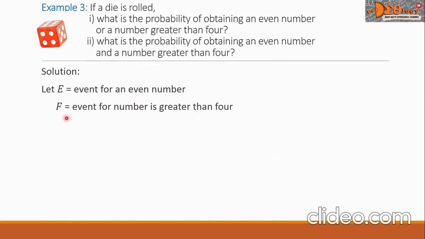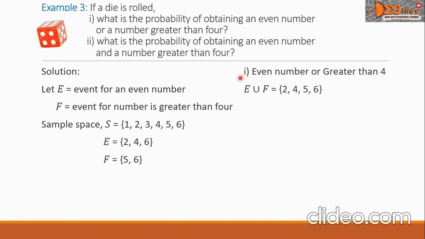And let F be the event for number greater than 4. Let us write the sample space, and that is numbers from 1 to 6. Then let us write event E, whose sample points are 2, 4, and 6. For event F, elements are 5 and 6.